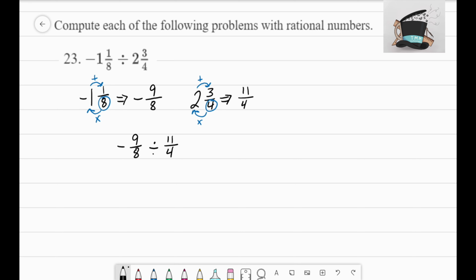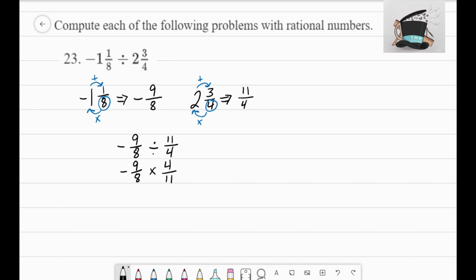Now again, this is a callback to hopefully elementary or possibly middle school math. When we divide by a fraction, here's the step that we do. We leave the left side alone, -9/8. We can change the division sign into a multiplication sign if we take the second part and take its reciprocal.